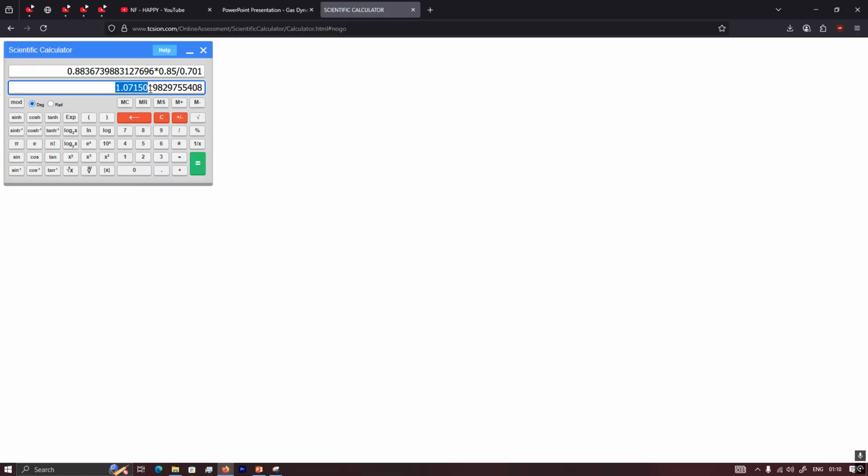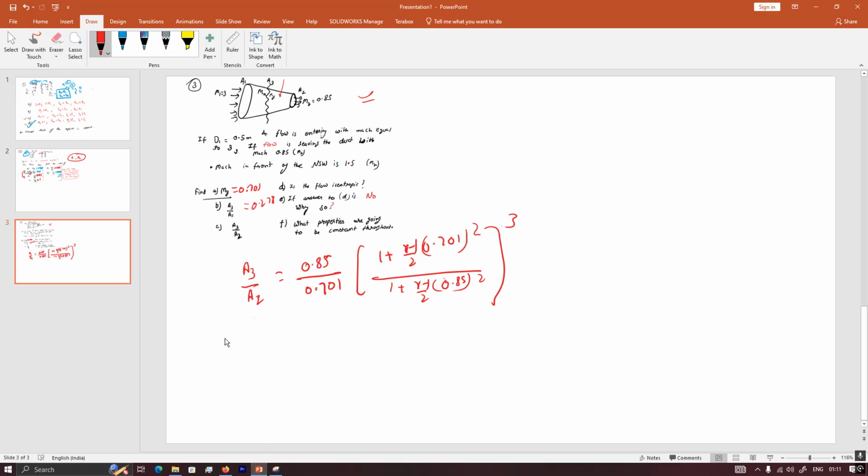So you will be getting this area, 1.072. A3 by A2 is equal to 1.072.